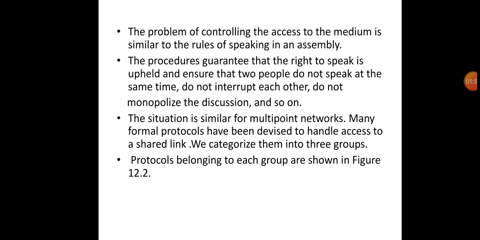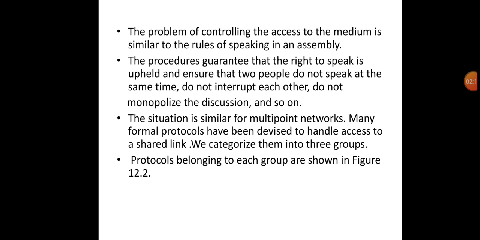The procedures guarantee that the right to speak is upheld and ensure that two people do not speak at the same time, do not interrupt each other, and do not monopolize the discussion, and so on. The situation is similar for multipoint networks.